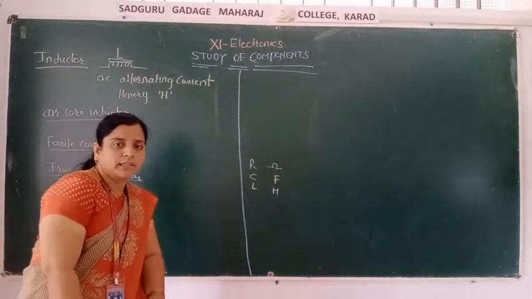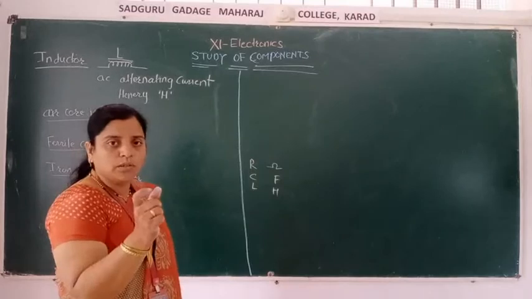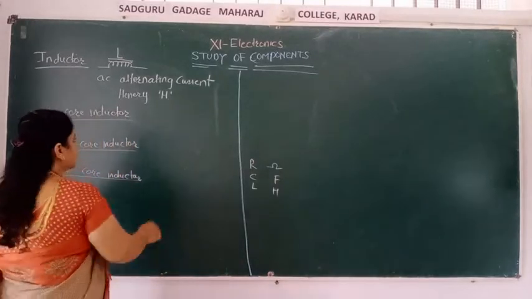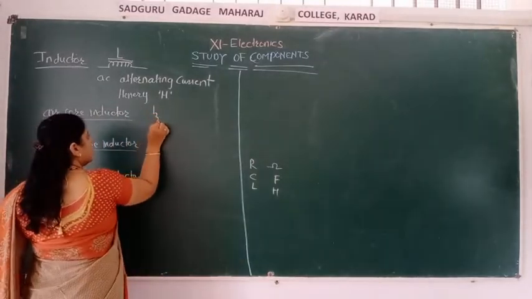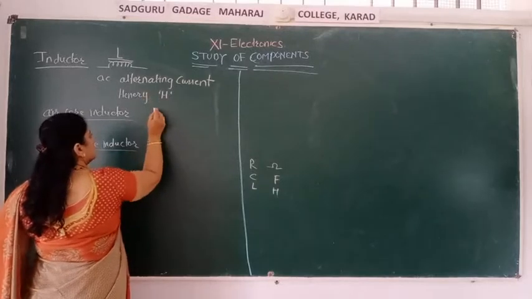We have seen in the previous lecture what the air core inductor, ferrite core inductor, and iron core inductor are. In an air core inductor, air acts as the core, therefore it is called an air core inductor, and the diagram for that is like this.